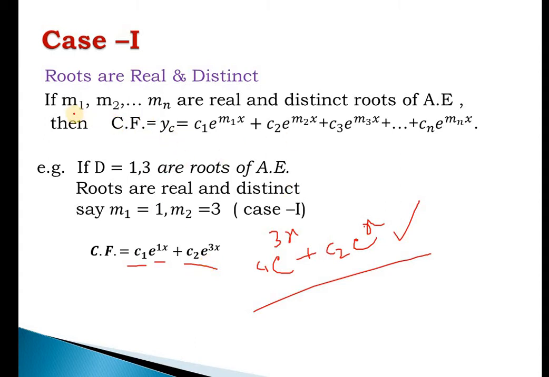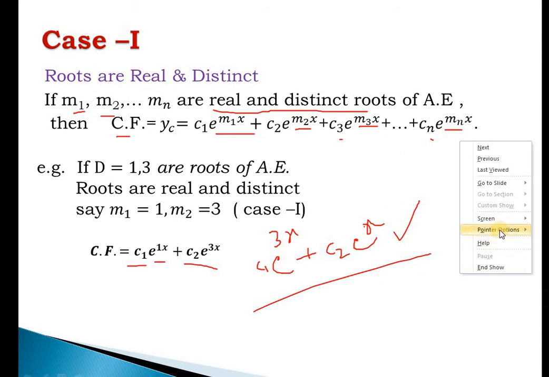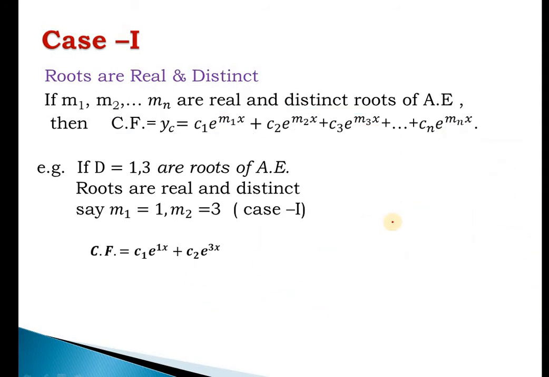This is also correct because C1, C2 are arbitrary constants. So I recall again, if M1, M2, ..., Mn are real and distinct, that means each appears one time, then its complementary function CF is C1 times e raised to M1x plus C2 times e raised to M2x plus C3 times e raised to M3x and so on, plus Cn times e raised to Mnx. Again suppose D is equal to 2, 5. These are the two distinct real roots.